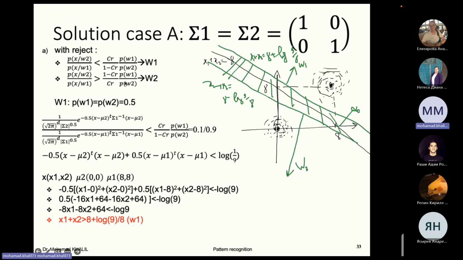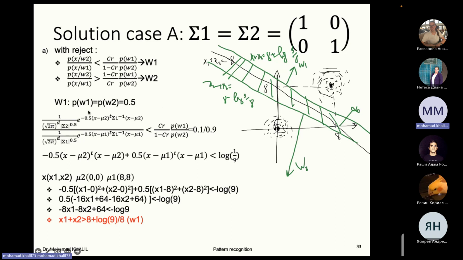This is the equation when we have rejection. So you will have one line, two lines. This is less than this line, greater than this line, and between the two lines, you have to say I don't know. Let's go, with P omega equal 0.5.